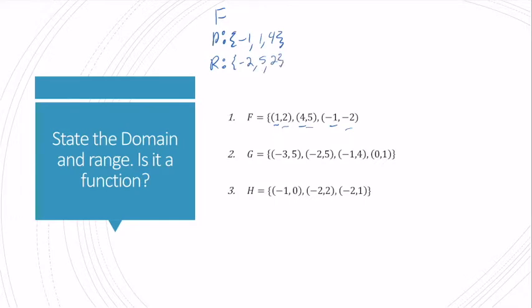I'm going to represent this with a beautiful little picture, just like we did our vending machine, where I've got my domain on the left and my range on the right. I have that 1 goes to 2, 4 goes to 5, and -1 goes to -2. This is a function, right? If this was a vending machine, it would still work.